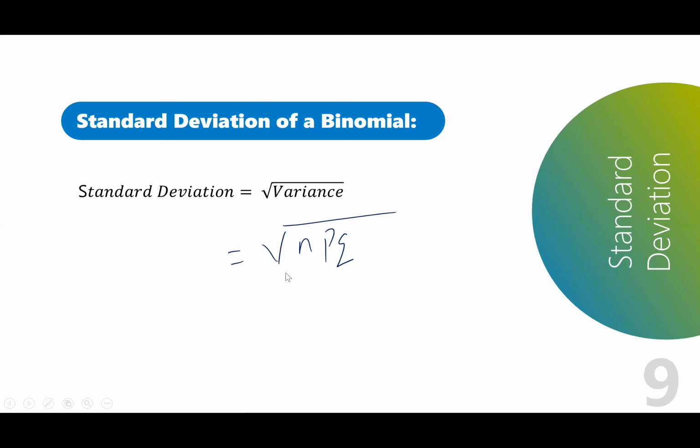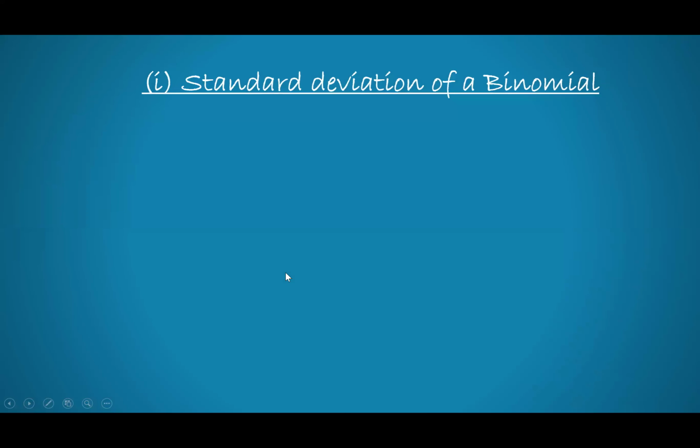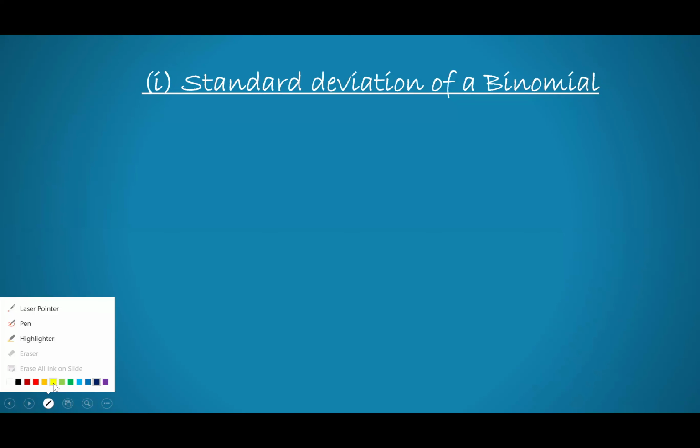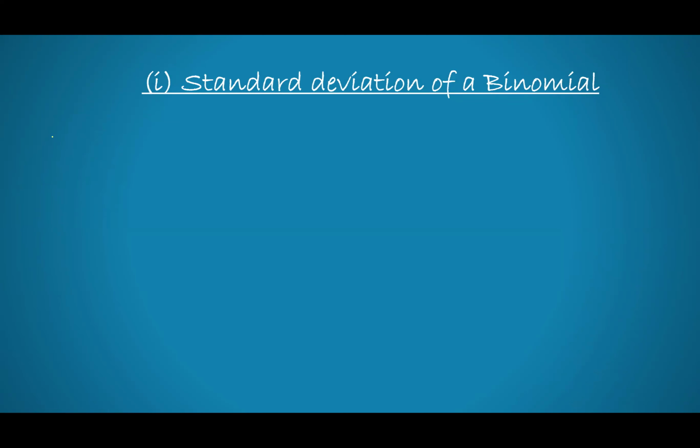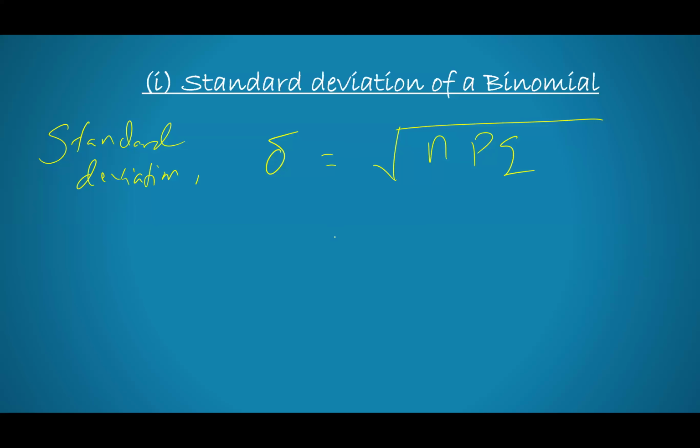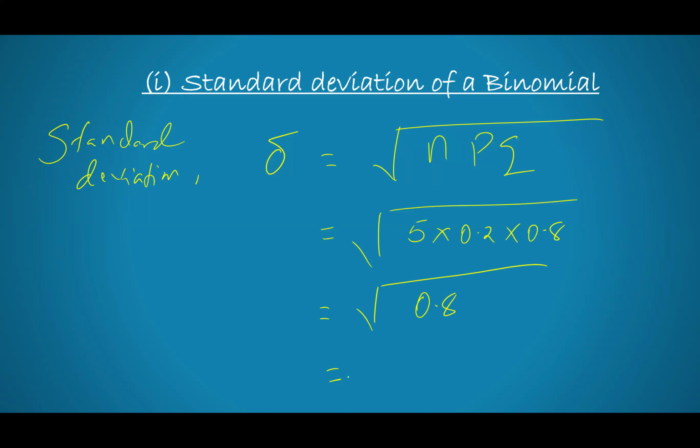Okay, let us turn to the page. We need the standard deviation, which is equal to the square root of NPQ. Let's do that. Square root of 5 times 0.2 times 0.8, which is the square root of 0.8, which gives us about how much?